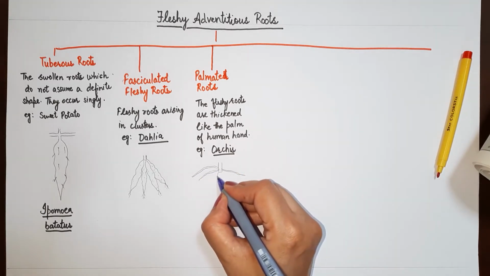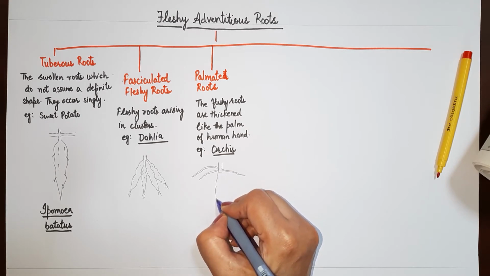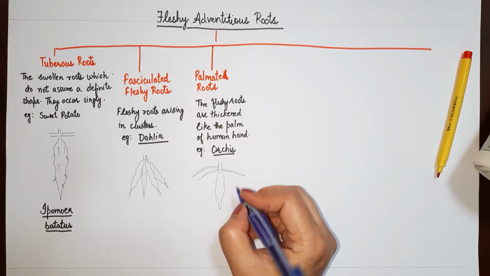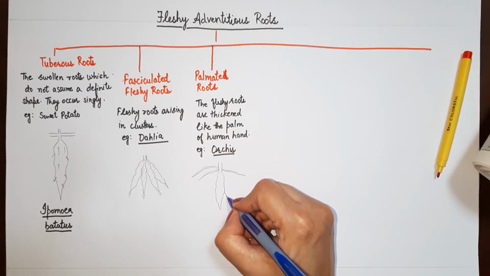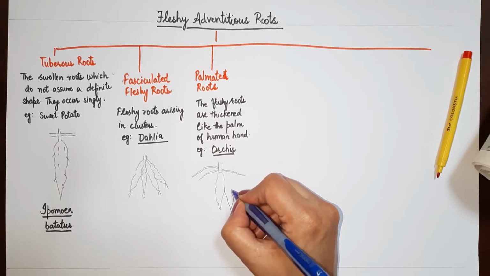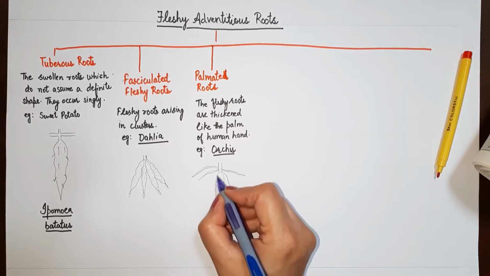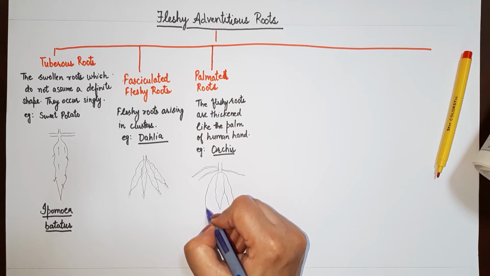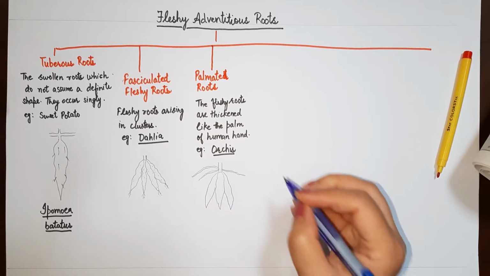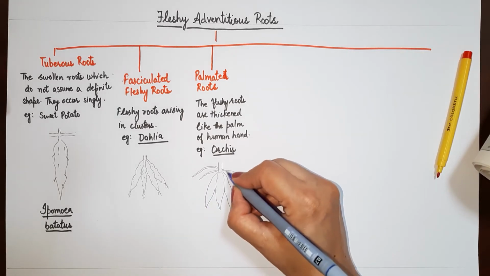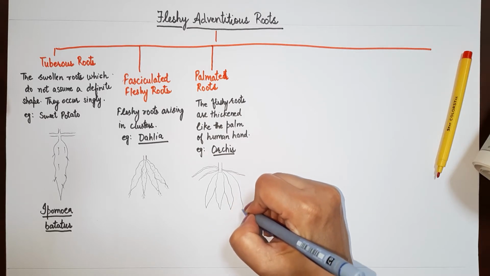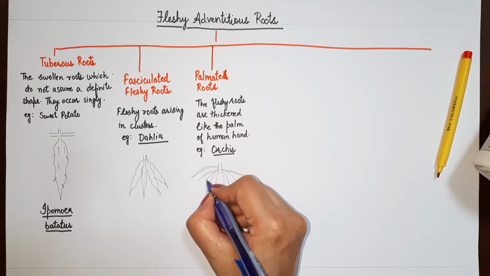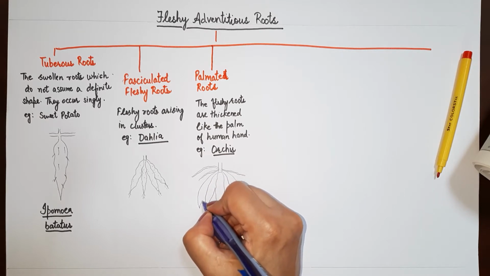And below that, you will make the finger-like structures, not that much dilated as the tuberous or fasciculated roots, very less undulations, more or less spindle-like and attached to each other, forming a hand-like appearance.